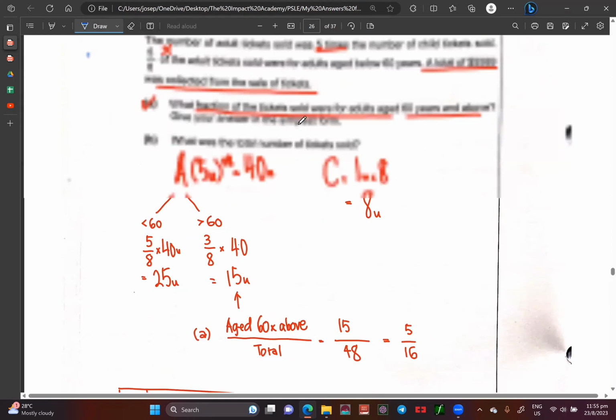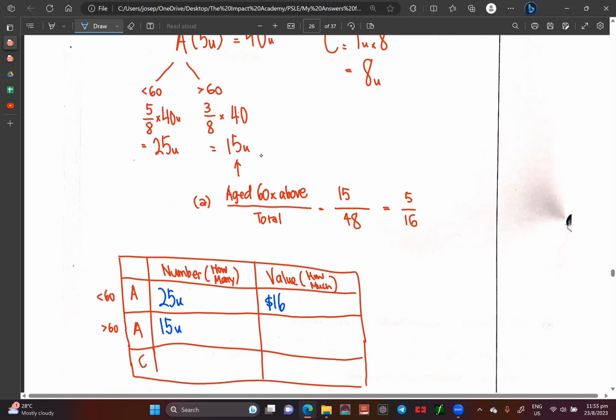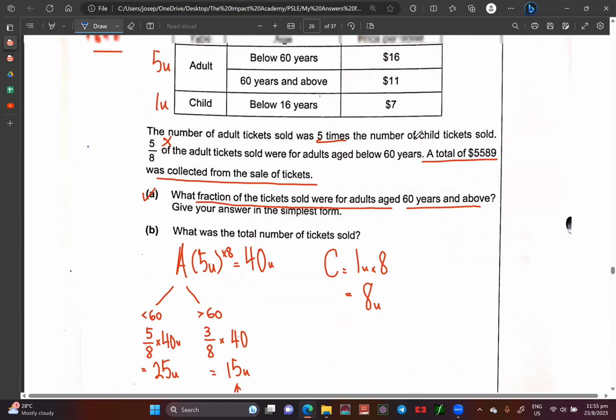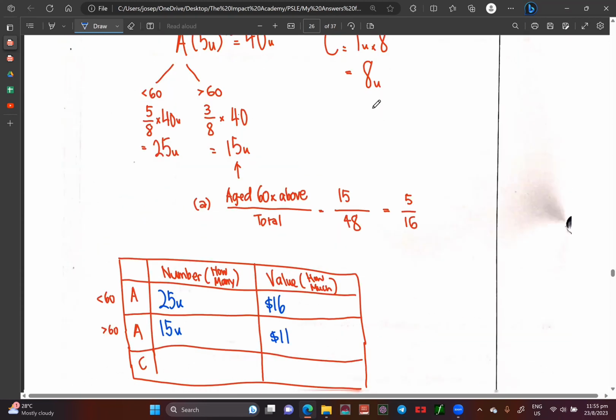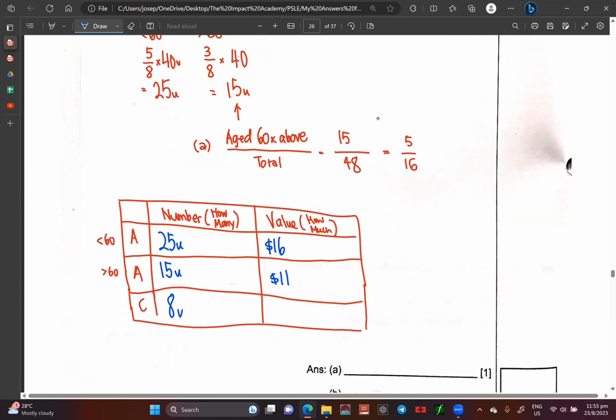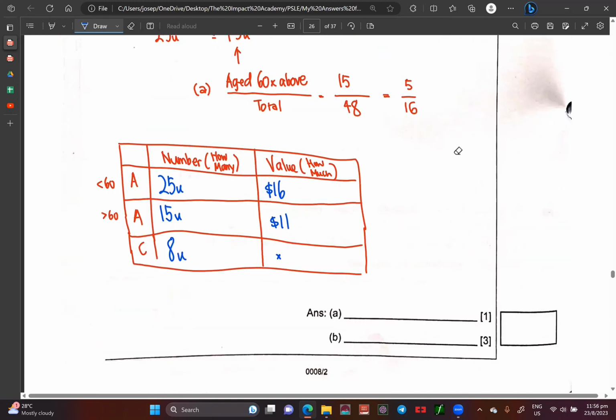For adults above 60, the number is 15 units, and the value is $11. And for children, we know it's 8 units, and the value is $7.